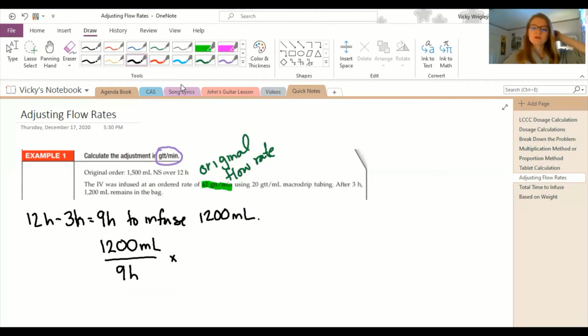So what other information do we have? I need to go from milliliters to drops. This macro drip tubing, 20 drops per milliliter, gives me a relationship that I can use. So let's multiply by that conversion factor, drops per milliliter.